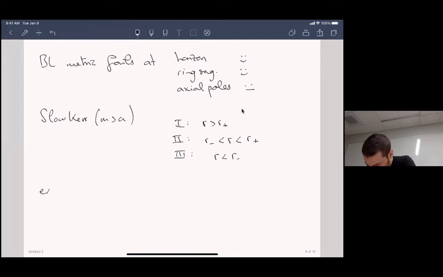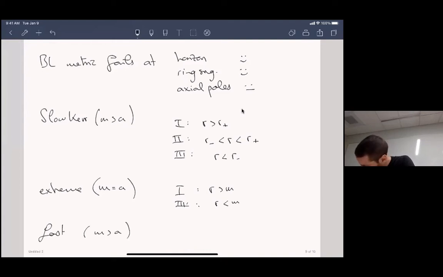For extremal, which is when M is equal to a, there's only 2 regions: r bigger than M, and r less than M. And for fast, it's all one region. There are no event horizons, nothing like that.